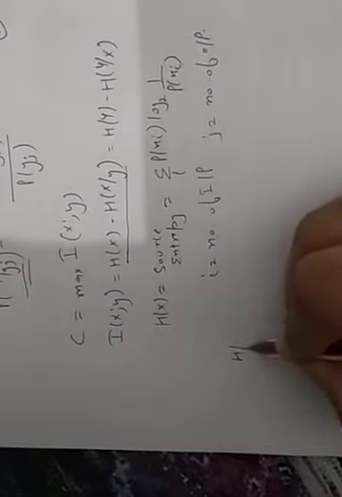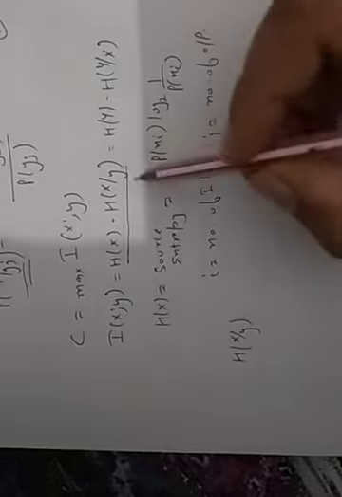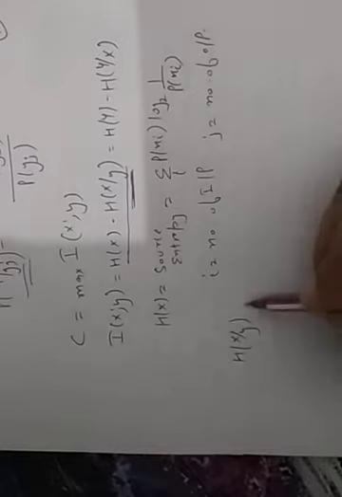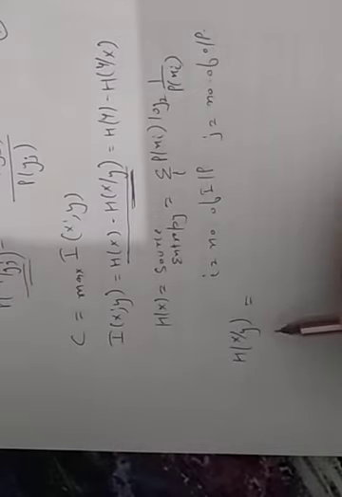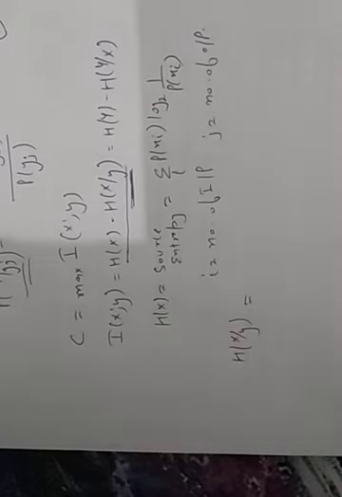Now we will write down the value of H(X/Y). This is called conditional entropy. H(X/Y) is also called the average uncertainty that X has been transmitted when Y has already been received.